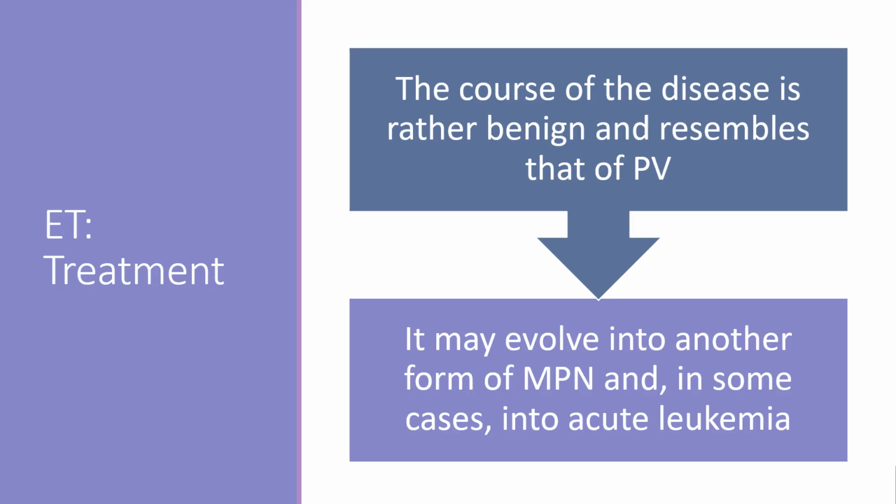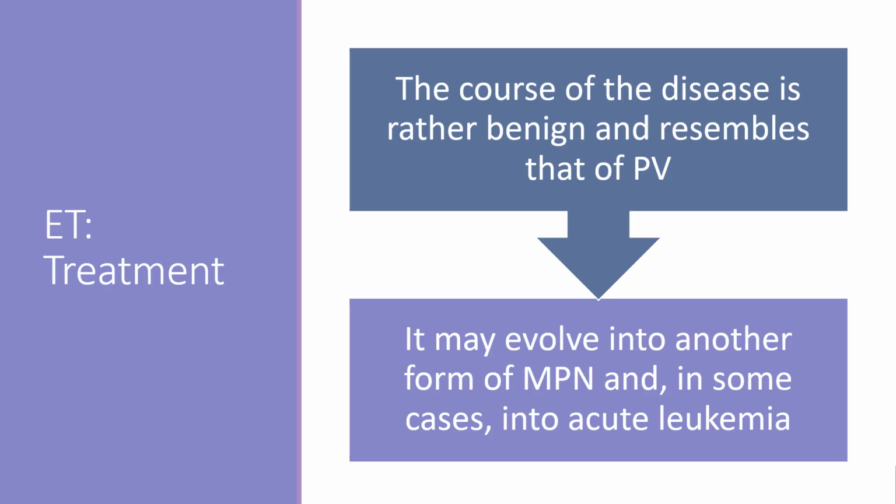Here we go again. Too much of a good thing becomes a bad thing. So the course of essential thrombocythemia is rather benign. For the most part, it's not something that's going to cause immediate death or harm, and it does resemble that of PV, but it may evolve into another form of myeloproliferative neoplasm, and in some cases into an acute leukemia.